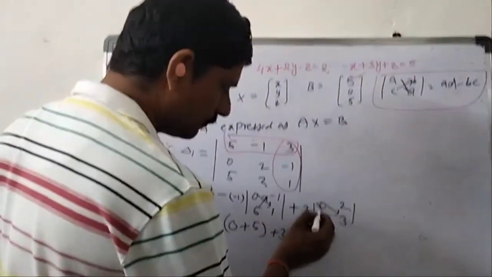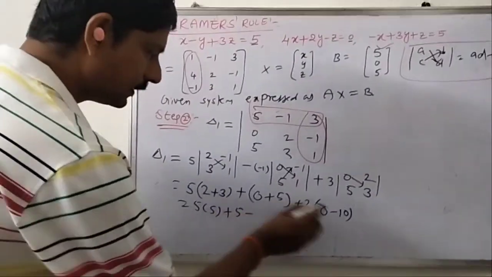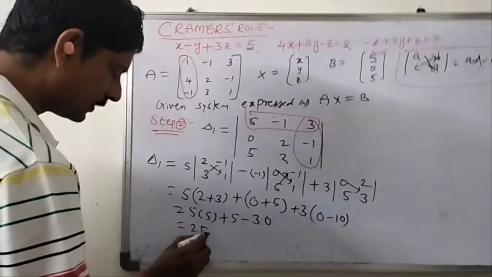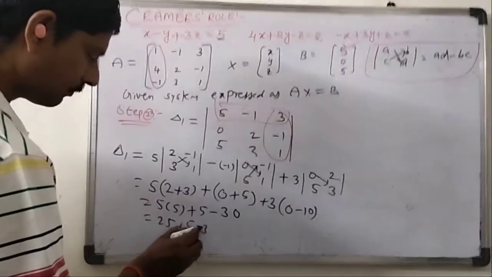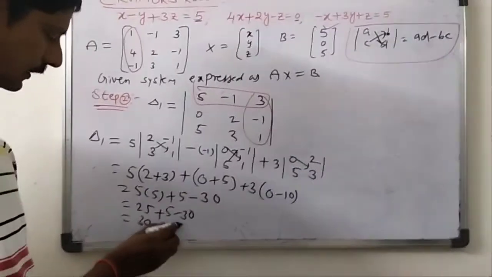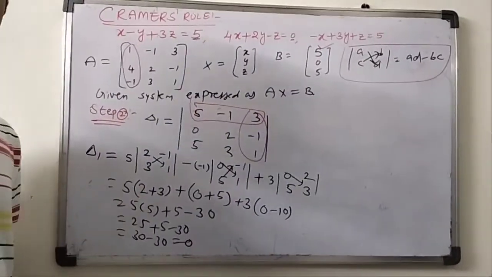Okay, minus, so 2 plus 3 is 5, 5 into 5 plus 5, 3 into minus 10 is minus 30. So 5 fives are 25 plus 5 minus 30. So 25 plus 5 is nothing but 30. 30 minus 30 is equal to 0. So we got delta 1 is equal to 0.